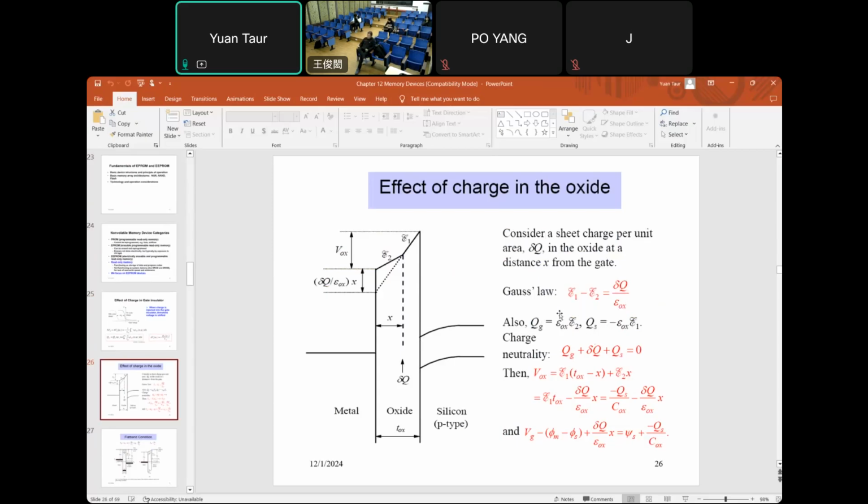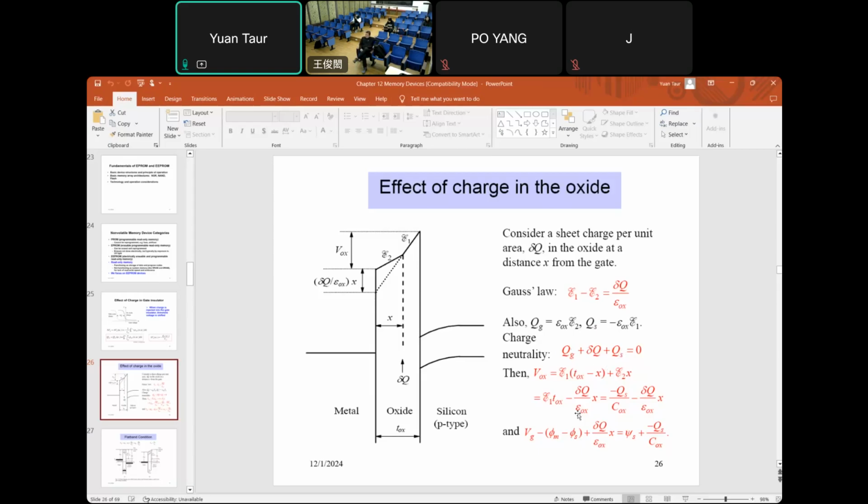We apply Gauss law here, and also at the gate. The gate charge is given by E2, and the silicon surface by E1. Of course, charge is neutral: gate charge plus silicon charge plus delta Q is 0.